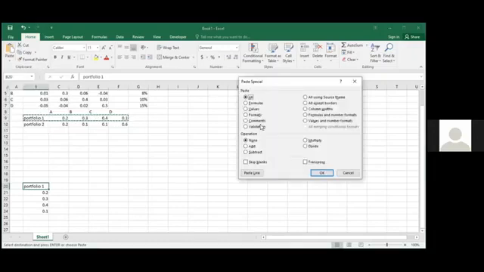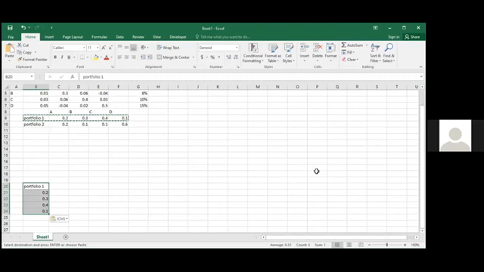Under paste operations, at the end, skip blanks, then transpose. Select transpose, then OK, and it automatically converts into column values.